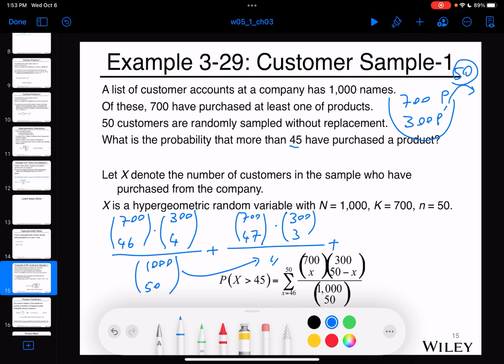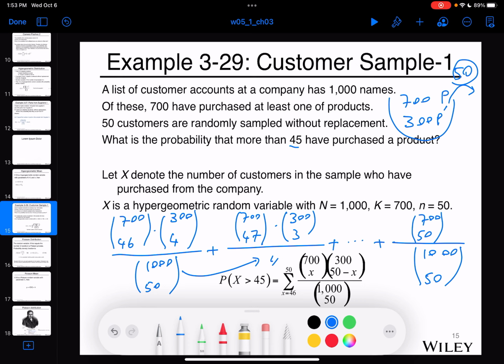Plus, and the last term is going to be all 50 of them are from 700, divided by 50 over 1,000. That's the answer, right? So basically there are multiple terms. Any questions?